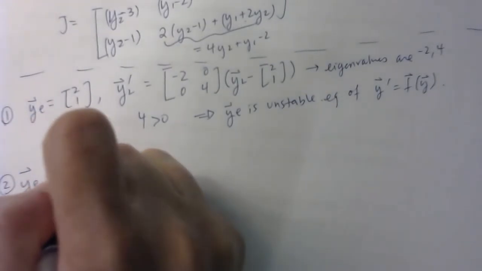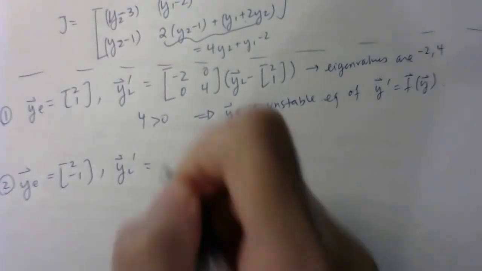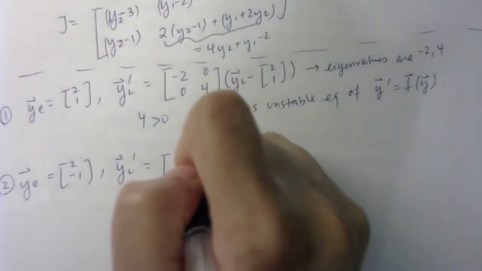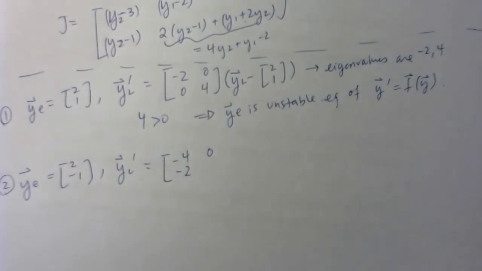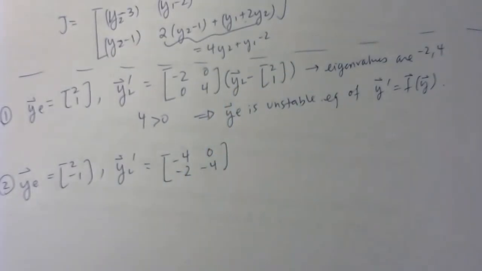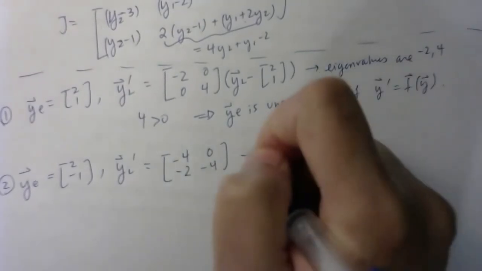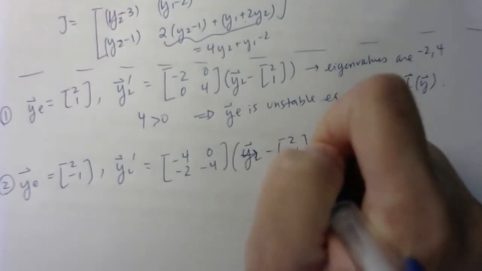So now we have 2, negative 1. So YL prime is, let's look to the Jacobian, Y2, so this is minus 4, 0, minus 2, so minus 4 plus 2 minus 2 minus 4 here, right? So the eigenvalues again are the diagonal. It's a triangular matrix. Oops, the equation is YL minus 2 minus 1.